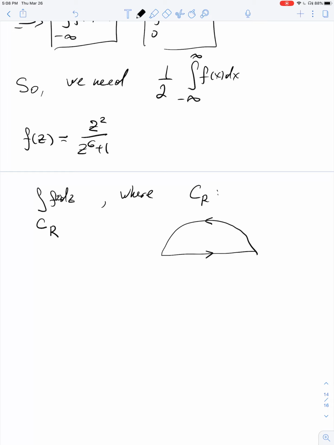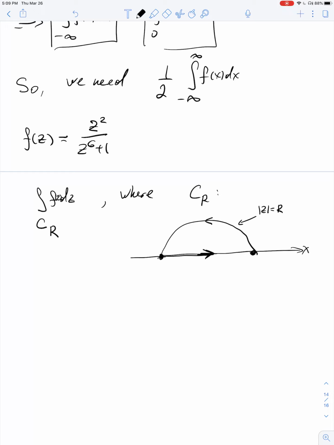Okay, so this is a circle of radius R, only above the real axis. So we go counterclockwise, and then as soon as we hit the x-axis, we return to this point via this horizontal path. So C_R consists of two parts, and remember that we sort of worked hard to explain why we can integrate over these not always differentiable curves.